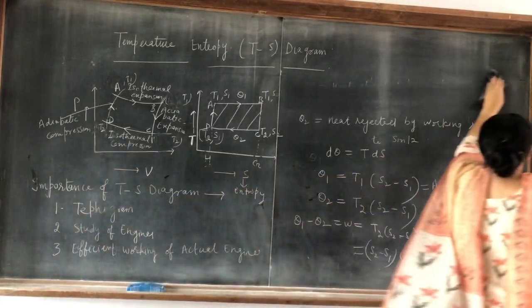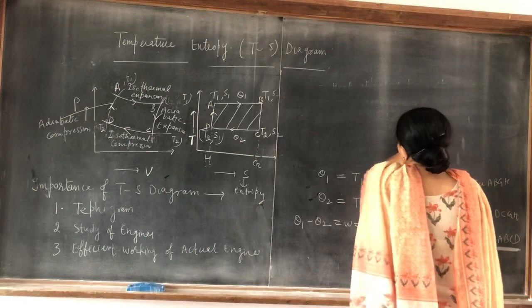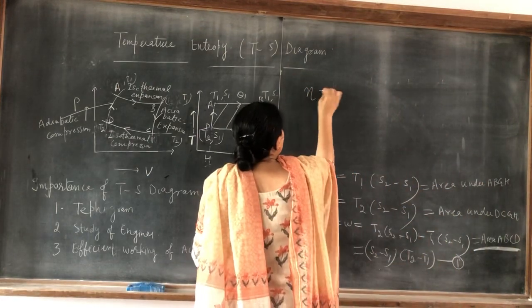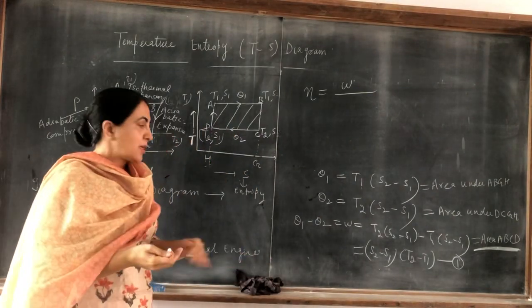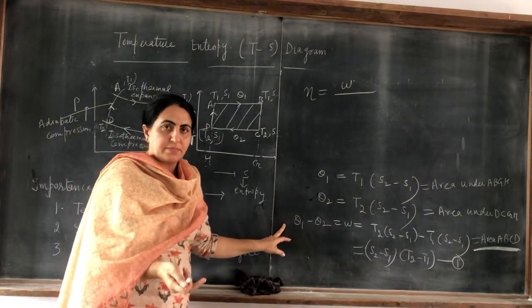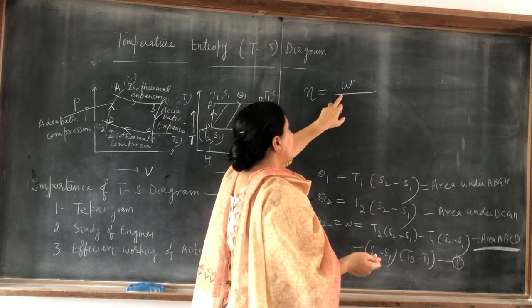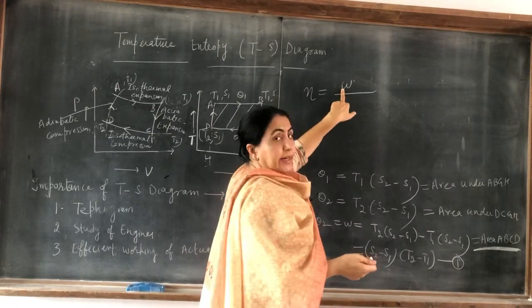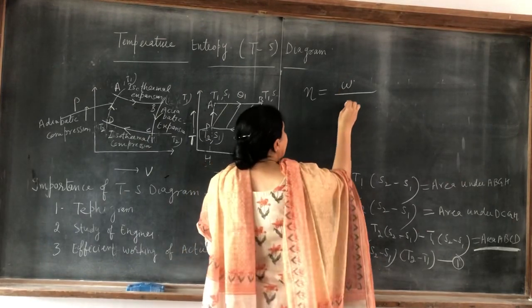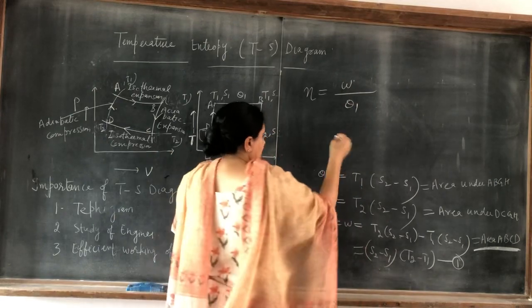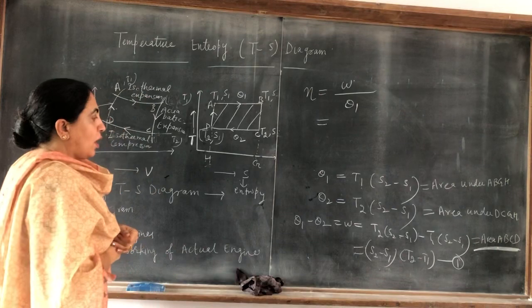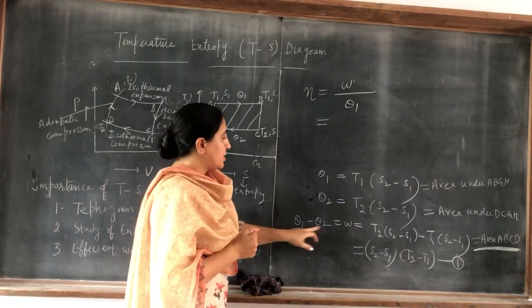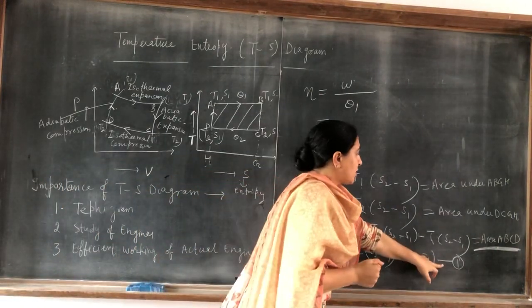Now efficiency. We know that efficiency is W, the available energy which is used in doing some mechanical work, divided by heat taken, that is Q1. Put the value of Q1 minus Q2 equal to W from this equation first.